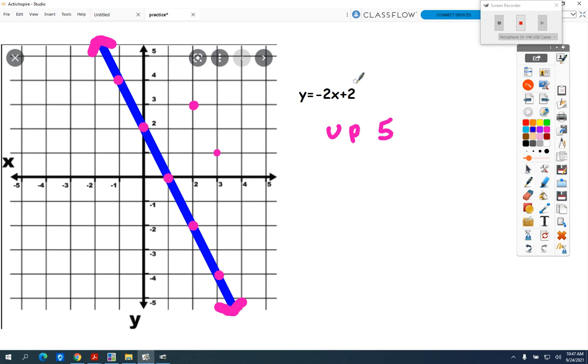So what we'd like to do is you are allowed to take this equation and manipulate it so that you get a new equation automatically. So up 5. Now when you go up 5, it kind of shifts everything over a little bit, and because of that, you actually do the opposite for y.